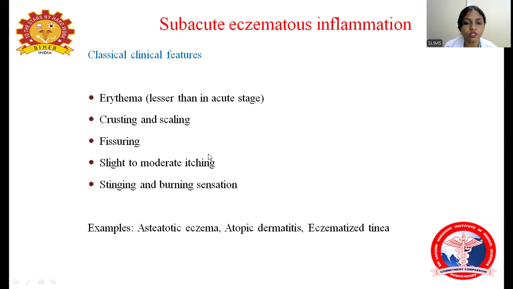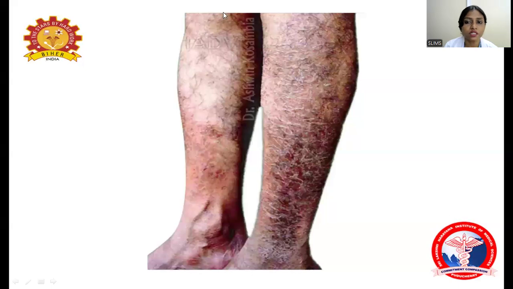Examples are asteatotic eczema, atopic dermatitis, and eczematized tinea. This is a classical picture showing the features of subacute eczema, where you can see minimal erythema, fissuring, and scaling. This is an example of asteatotic eczema.